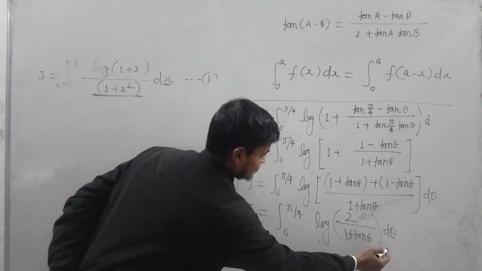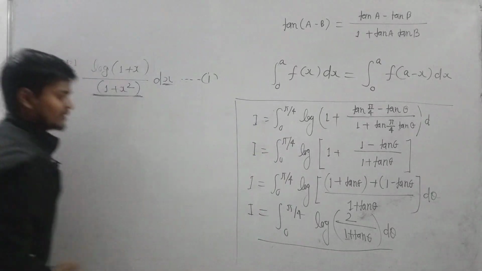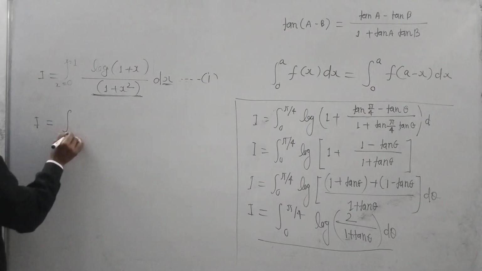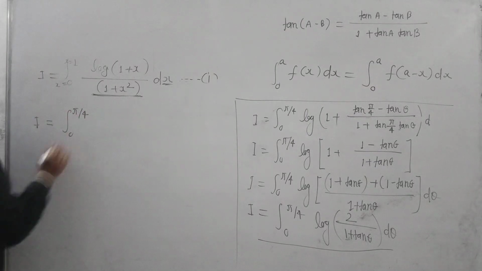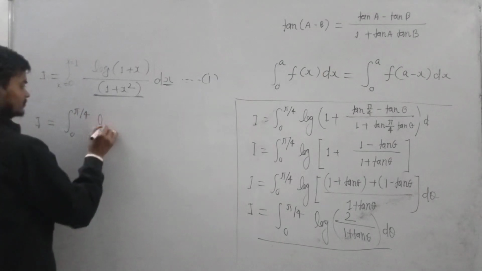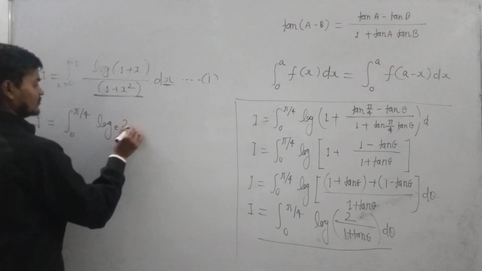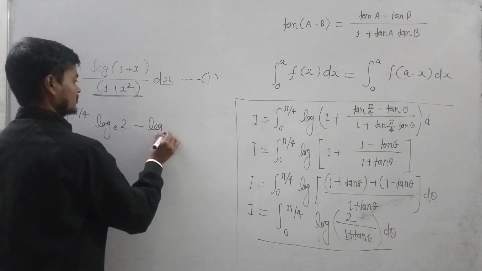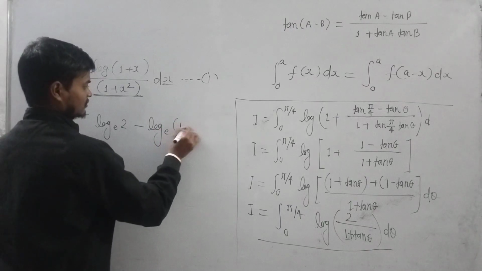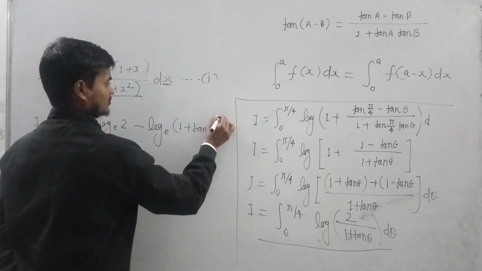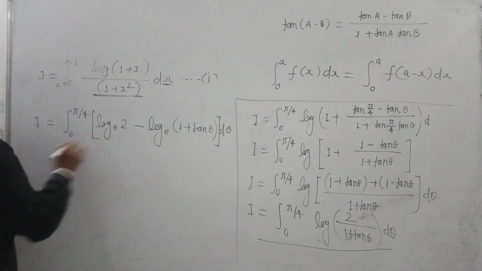From here I equal to 0 to pi by 4 of log 2 minus log of 1 plus tan theta d theta.